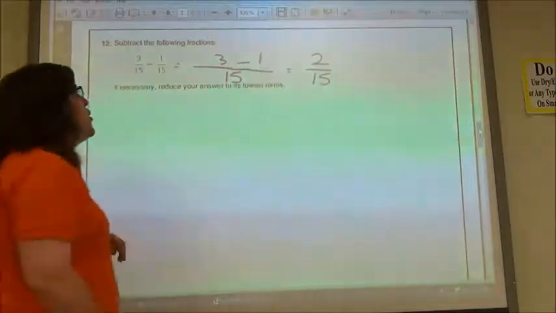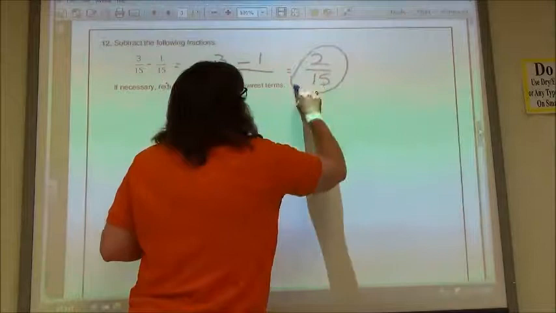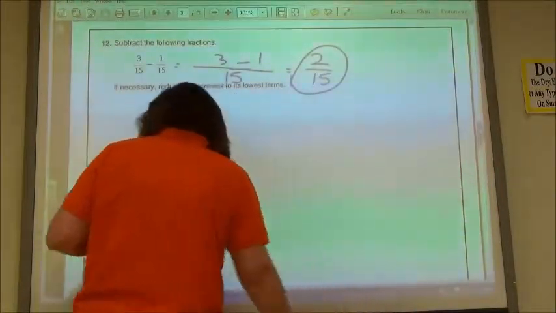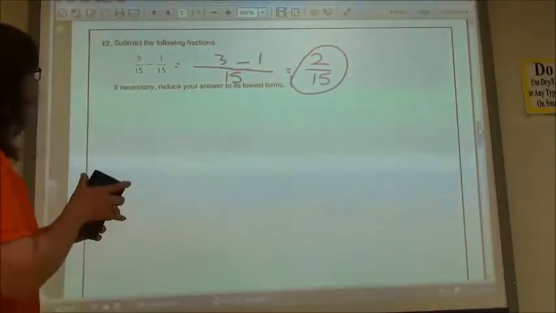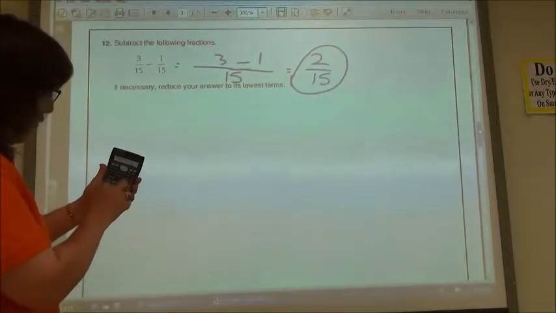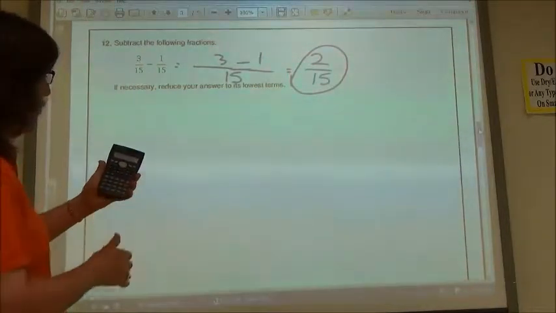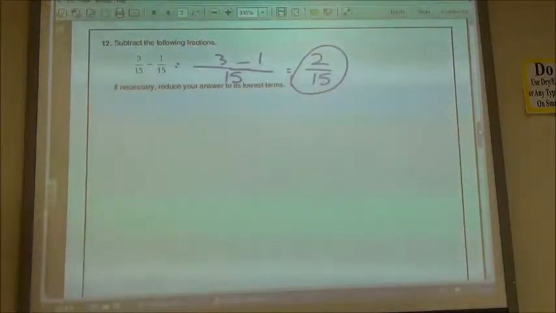It is in lowest terms. Can't reduce it down any farther. So again, that's just going to be my answer. And again, if I wanted to check it with my calculator, 3 fraction 15ths minus 1 fraction 15ths equals 2/15.